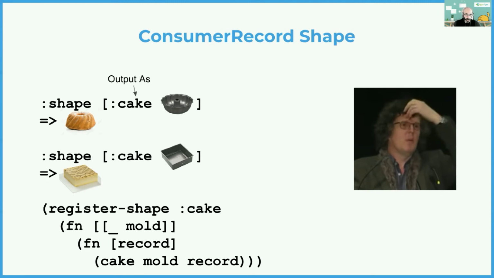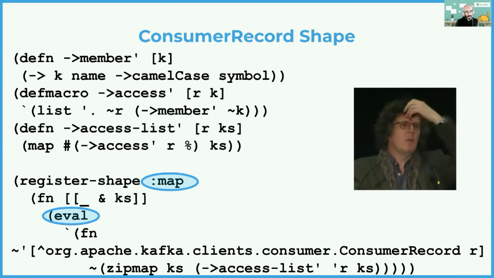We did try to avoid this amount of functional indirection and head scratching, but in this case, it was necessary. This is also how we implemented the built-in shapes, vector and map. We just register the shape with a function that returns a function.